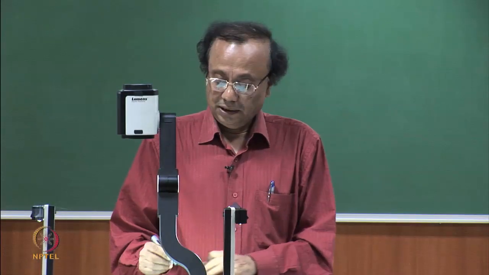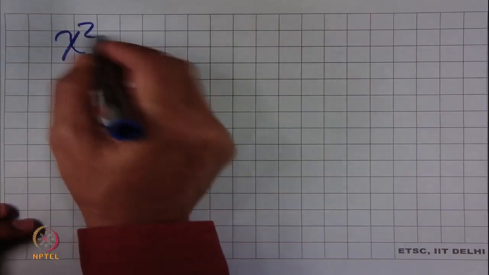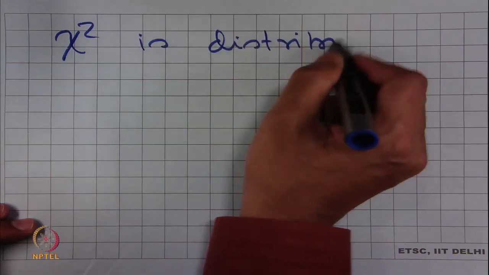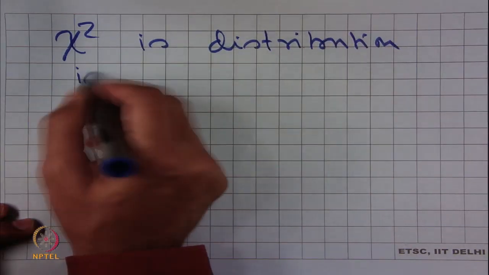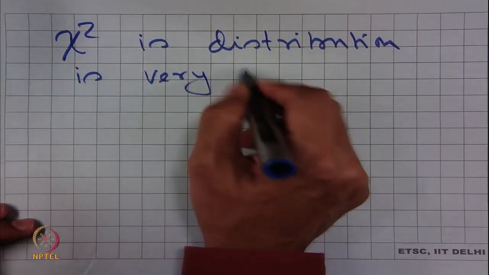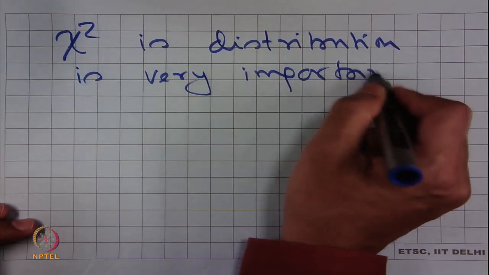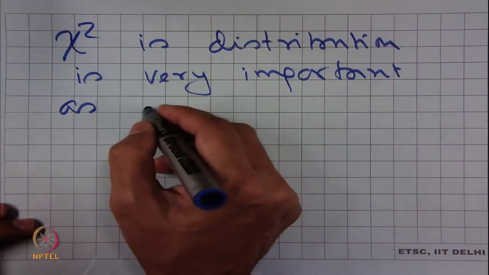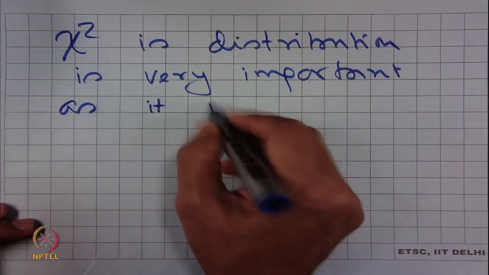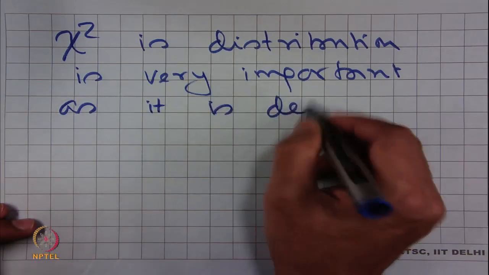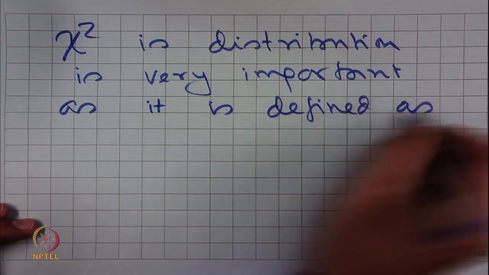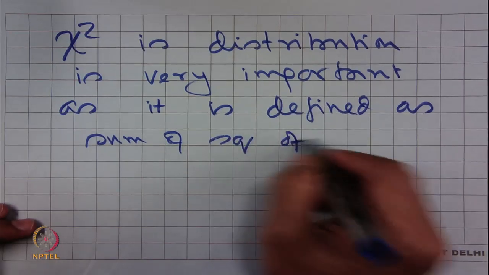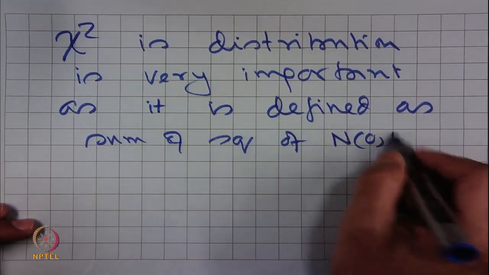In particular, the chi-square distribution is very important, as it is defined as sum of squares of normal 0 1 variates.